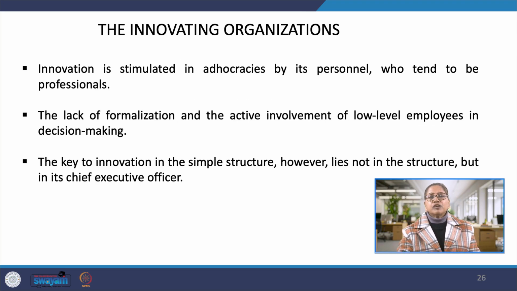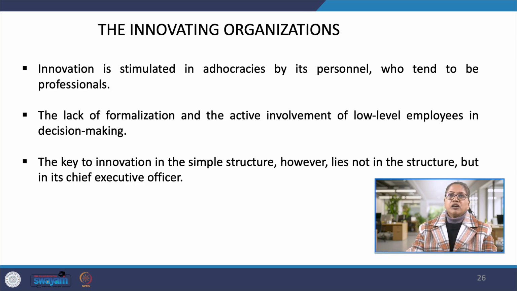Innovation is stimulated in adhocracies by its personnel, who tend to be professionals, the lack of formalization, and the active involvement of low-level employees in decision making. The key to innovation in the simple structure lies not in the structure but in its chief executive officer.